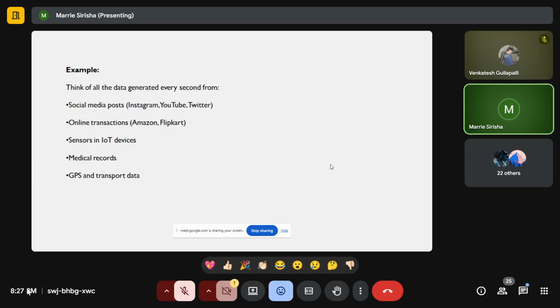Data. You cannot measure. And online transactions like Amazon, Flipkart, how many for every second you're adding items to the cart and filling your cart like that. And next, sensors in IoT devices. Even the sensors, they generate data.